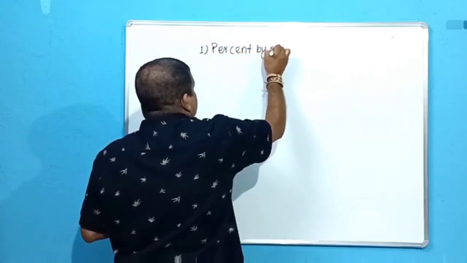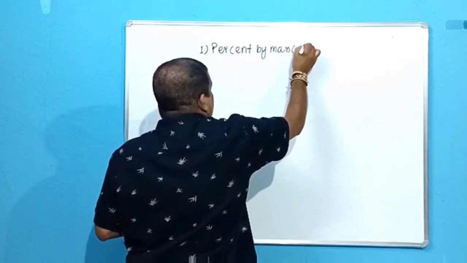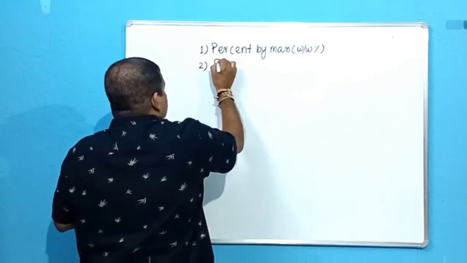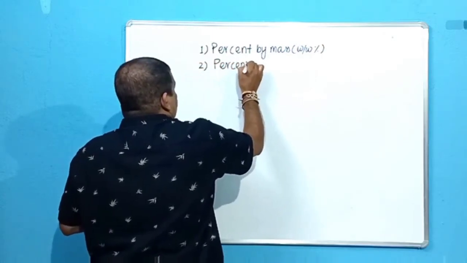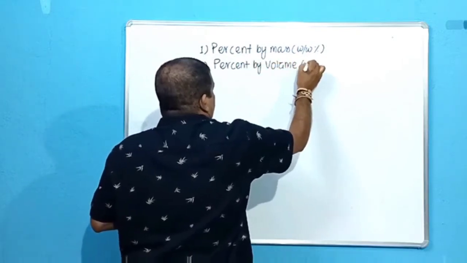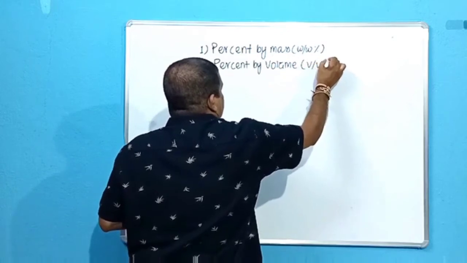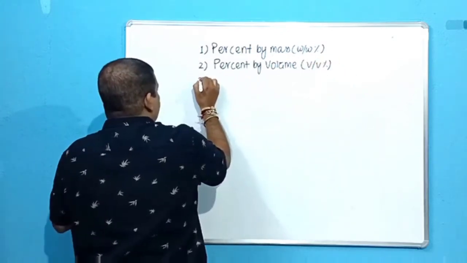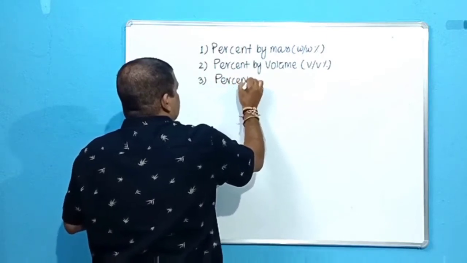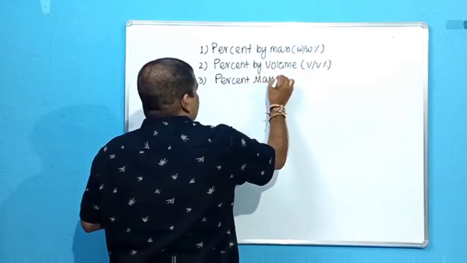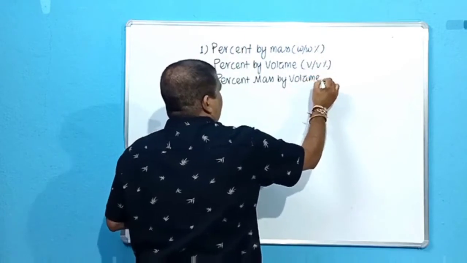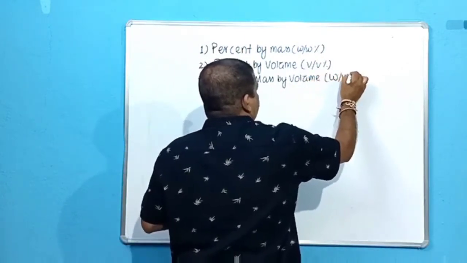Three things: percent by mass, that is W by W percentage, then percent by volume, V by V percent, then percent mass by volume, W by V percent.